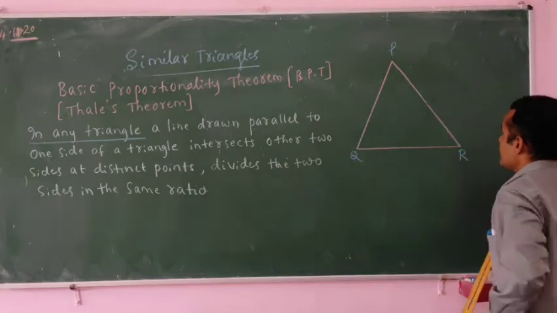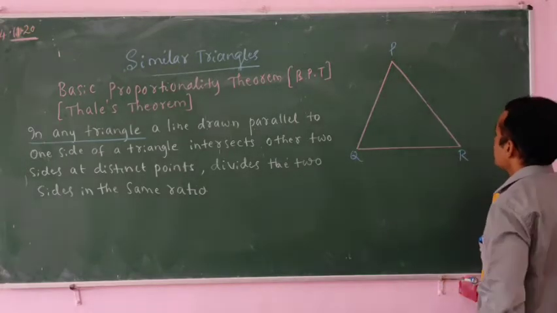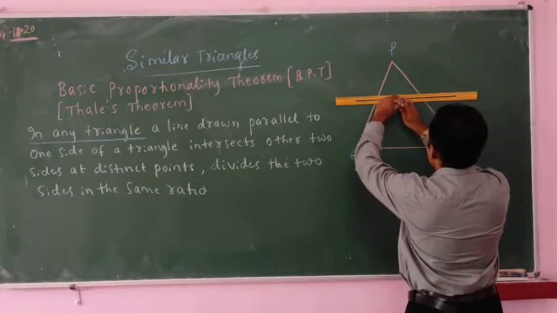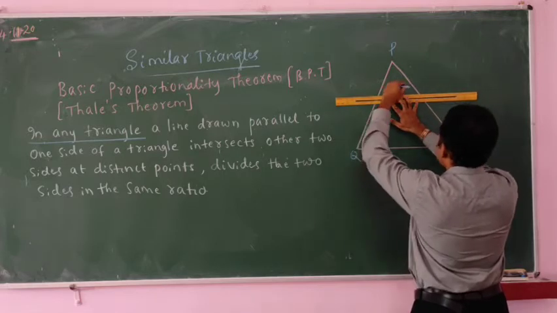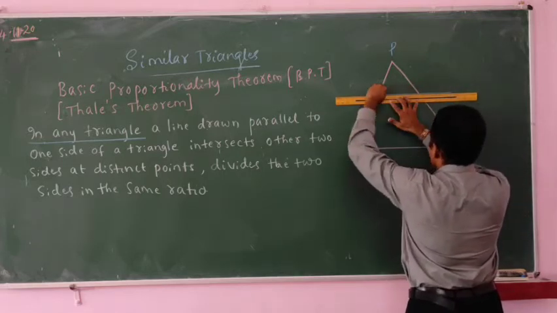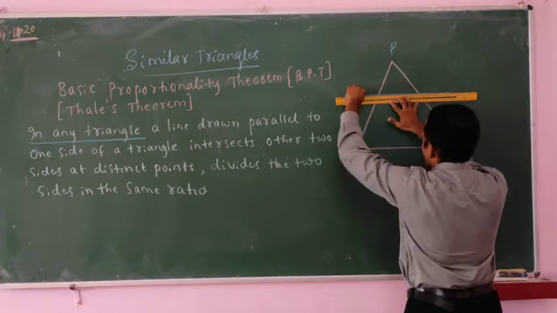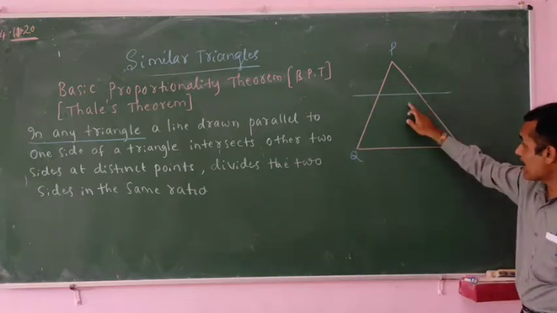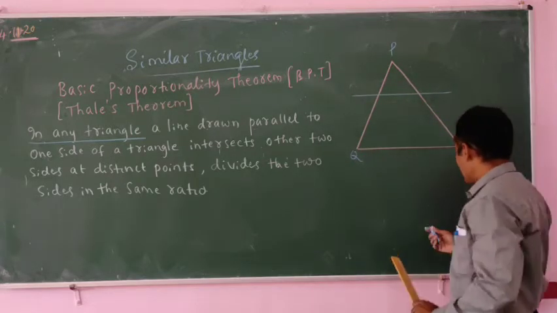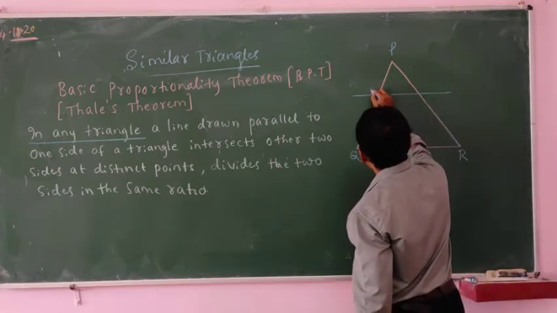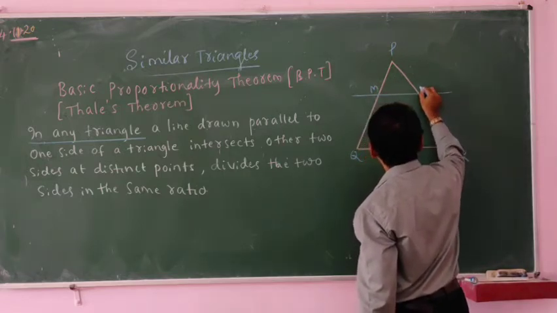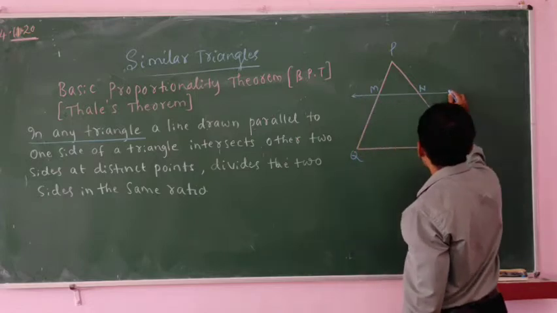I will draw a parallel line like this. This is a parallel line, parallel to QR. I will call this MN. This is the parallel line.